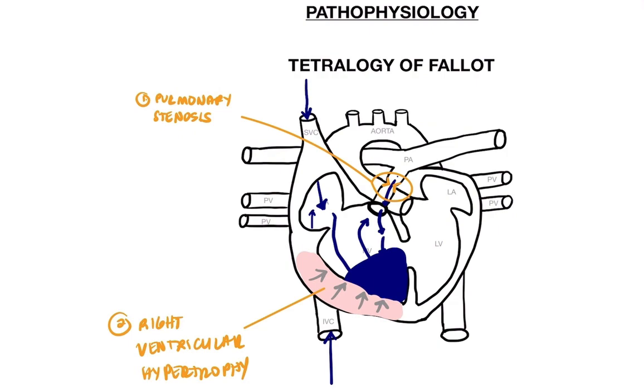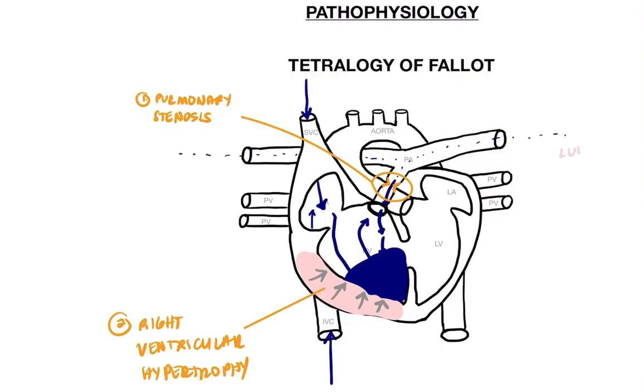continue. So let's say the right ventricle is successful enough in pushing some of that blood into our pulmonary artery, but very little, not normal, right? Because again, there was a stenosis, there was a narrowing.